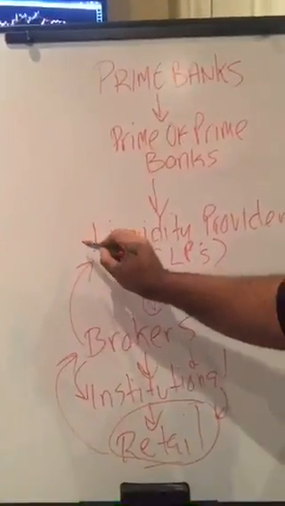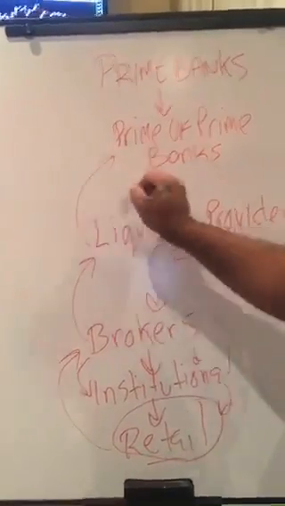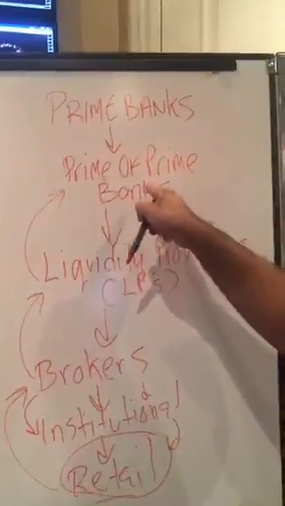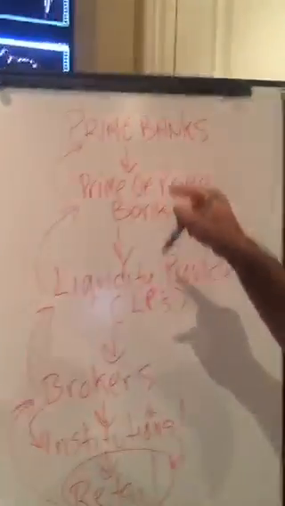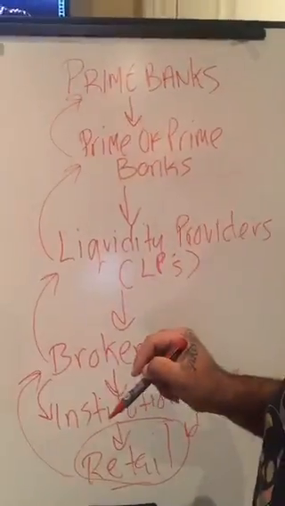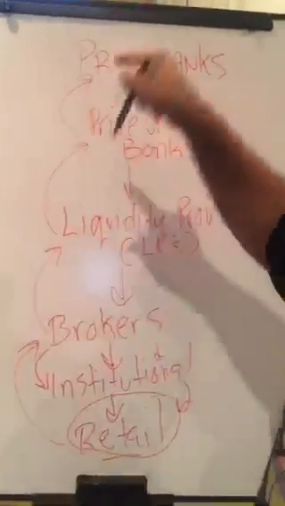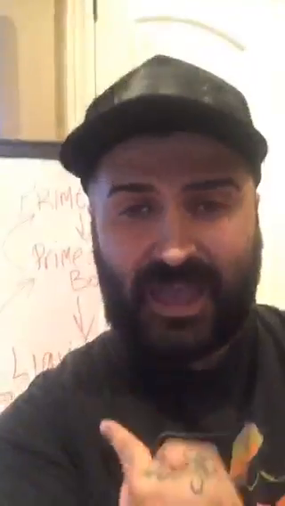The liquidity provider immediately buys $5 USD from prime of prime banks. The prime of prime buys $5 USD from the prime bank. All right? This is all done in a fraction of a nanosecond. So how many hands are touching that money right off the bat?